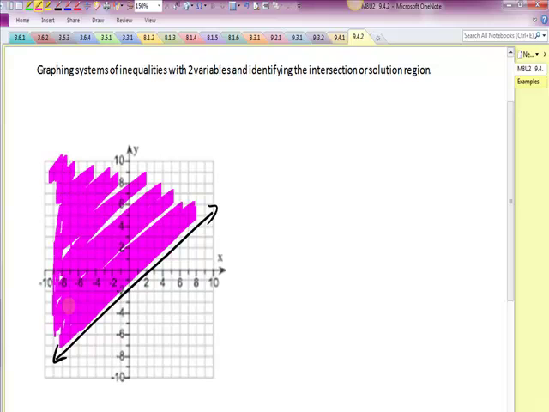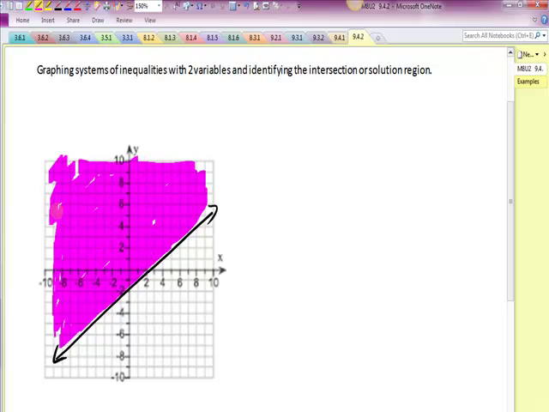I'm just saying if you had one that was shaded like this, and you had another inequality, and maybe it looked like this, and it was shaded above, you can see that there is an overlap or an intersection.